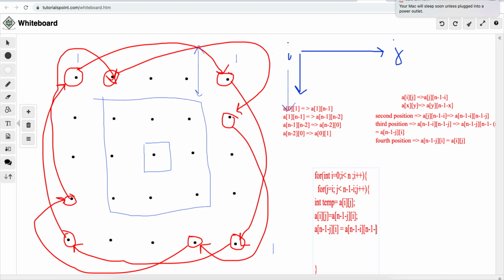The third node was this itself, a of n minus 1 minus i of n minus 1 minus j.